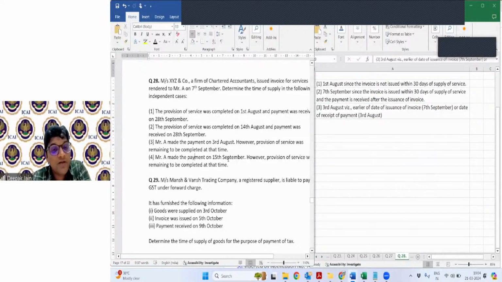What happens in fourth case? A made a payment on 15th September. However, the provision of service was remaining to be completed. So in fourth case, what happens? Since provision is not yet completed, will there be time of supply or not?